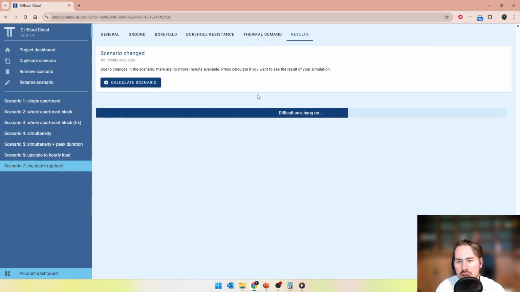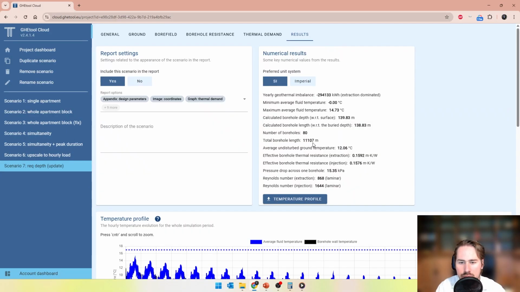And when we use our hourly profile, we have a required borehole length of 11,100. So we save 800 meters when we use this more advanced method for calculating simultaneity in collective systems.